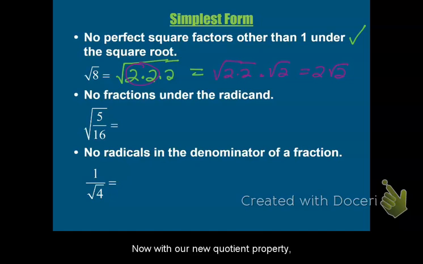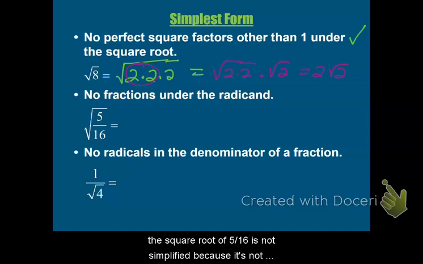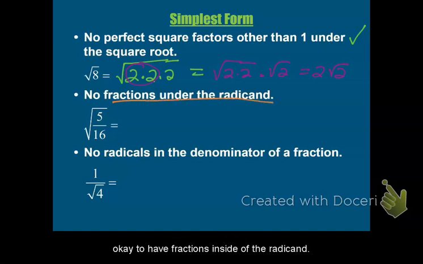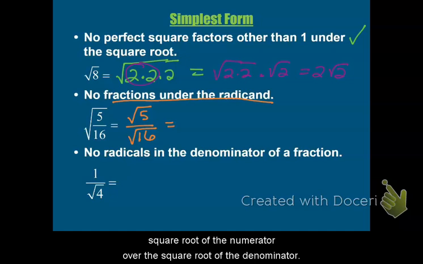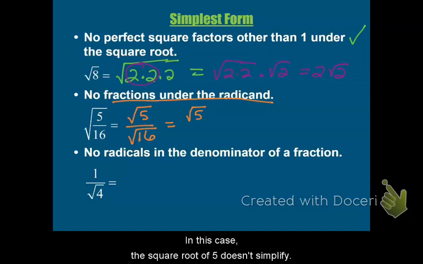Now with our new quotient property, the square root of 5/16 is not simplified because it's not okay to have fractions inside of the radicand. That's not simplest form. So I would simplify this. One thing I could try would be to break this up into the square root of the numerator over the square root of the denominator. In this case, the square root of 5 doesn't simplify.